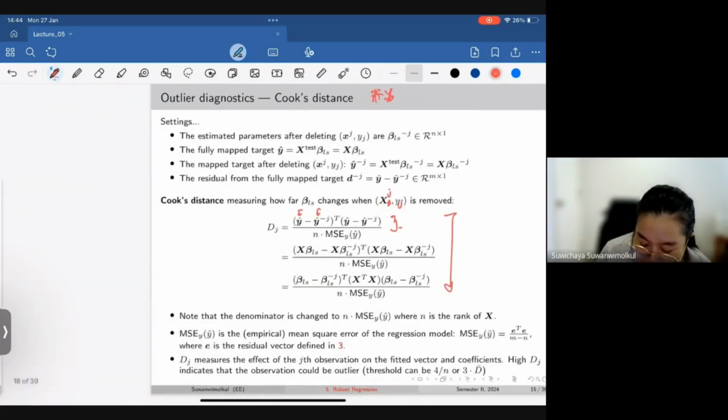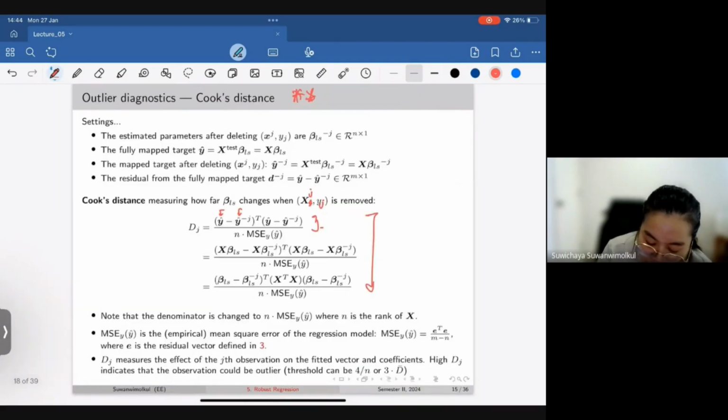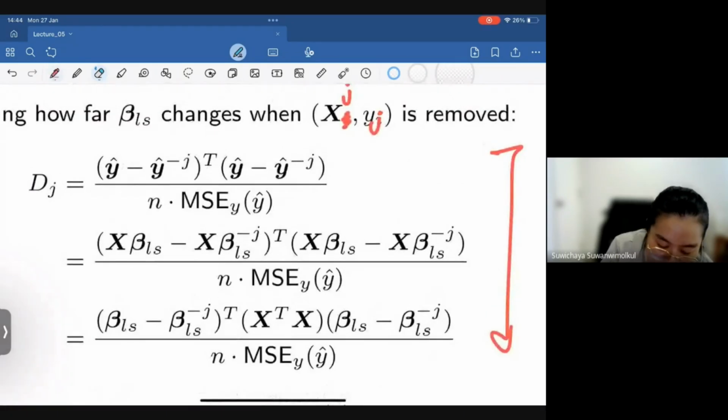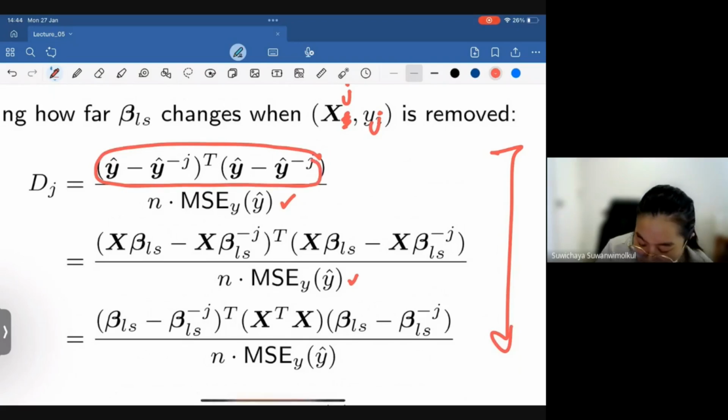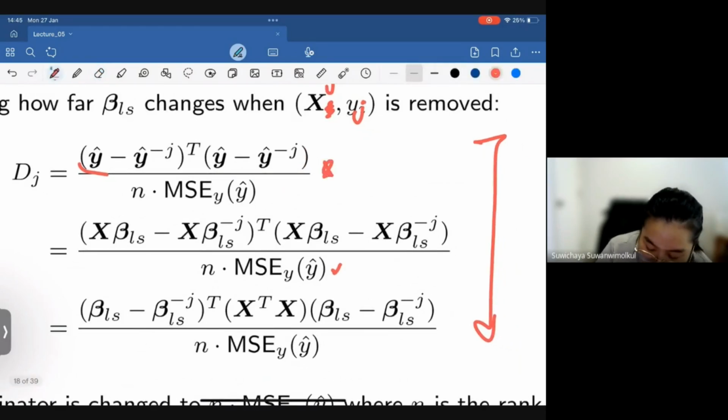And unlike the previous method where you consider only y and y hat divided by that square error thing, the Cook distance would just consider the mean square error as the base of the computation because they want to normalize the square of the error. Okay, so that's it. Next thing that I've done, or maybe tried to decompose from this initial formulation, is to further decompose beta hat into x times beta ls.